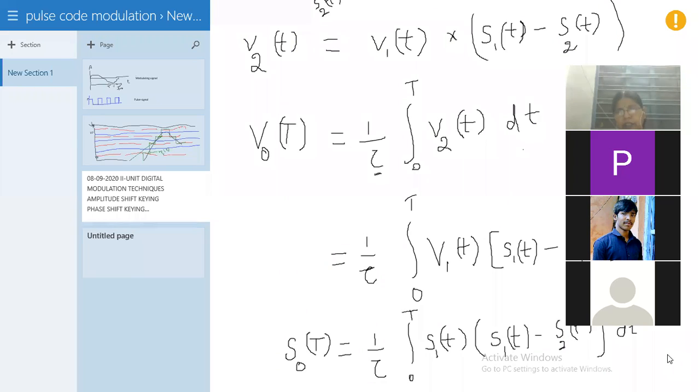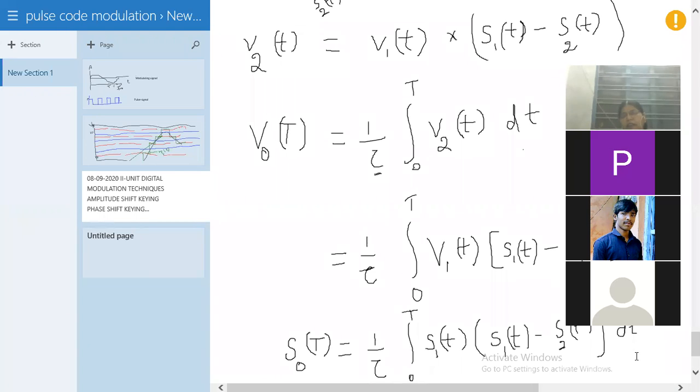V1 of t is either S1 of t plus N of t or S2 of t plus N of t. So here S0 of t generalized, 1 by tau integration 0 to T of S1 of t.